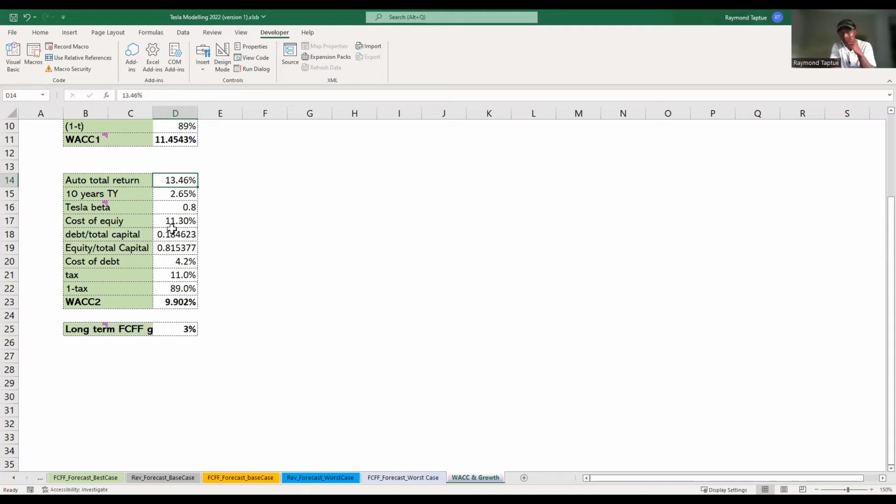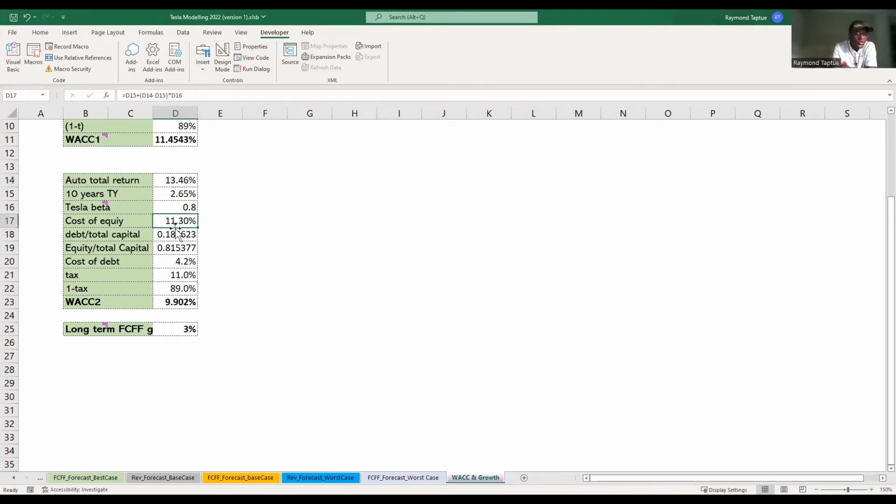I think I used the one from the S&P auto industry. Because that rate was a 10-year rate, I said, okay, I will use the 10-year treasury yield as the risk-free rate. So I got my risk-free rate, and I got the equity market return for that industry.